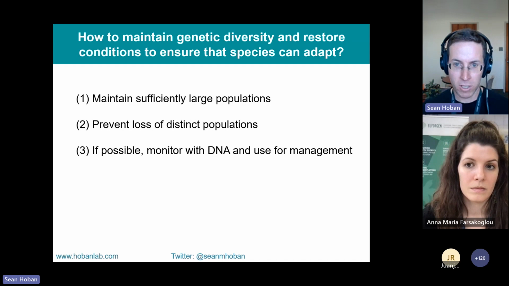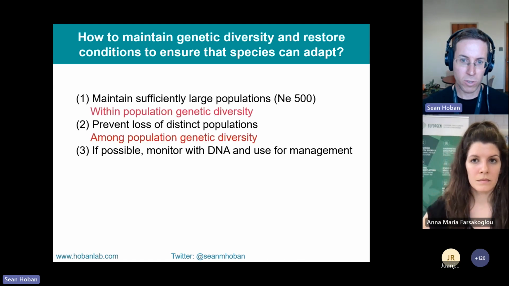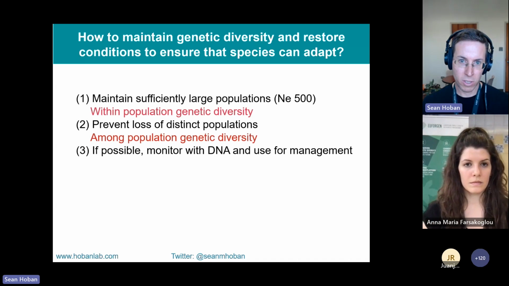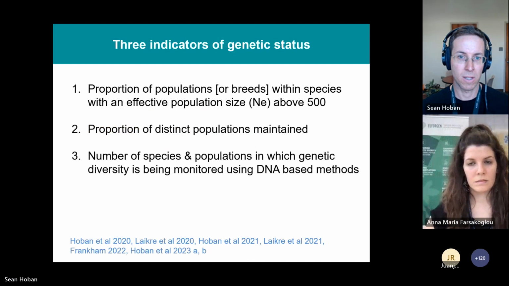We want to prevent the loss of distinct populations and their local adaptations to help the overall species adapt, and when possible, monitor using DNA things such as hybridization, gene flow, etc. This would address the two main components of genetic diversity, within and among populations.